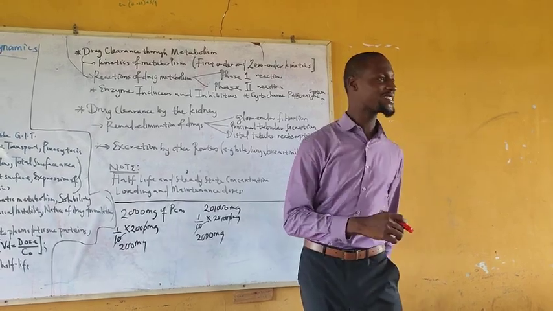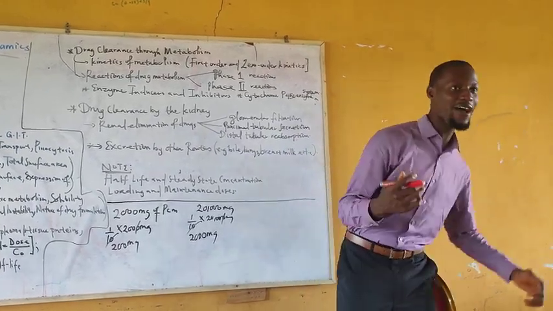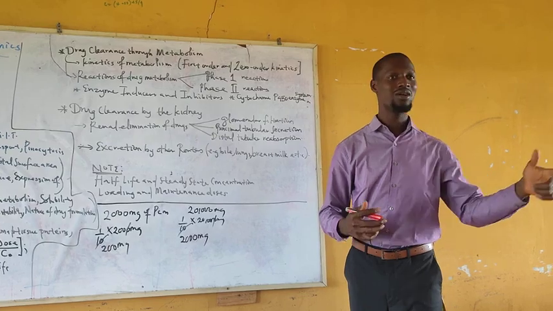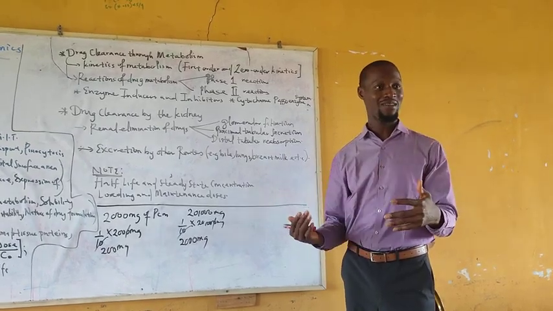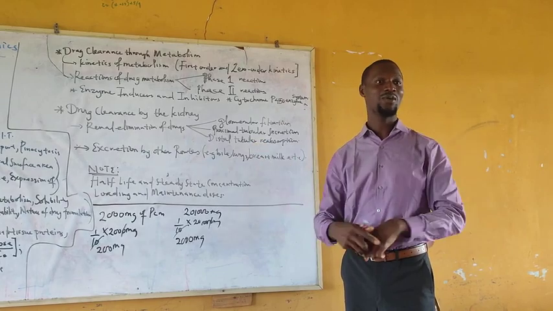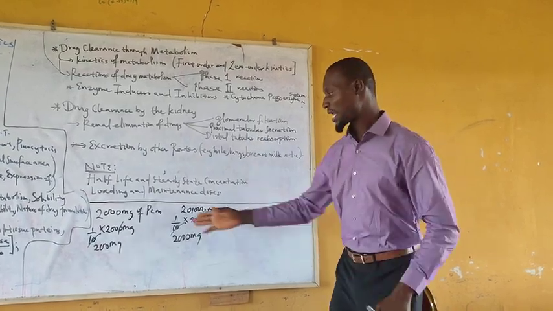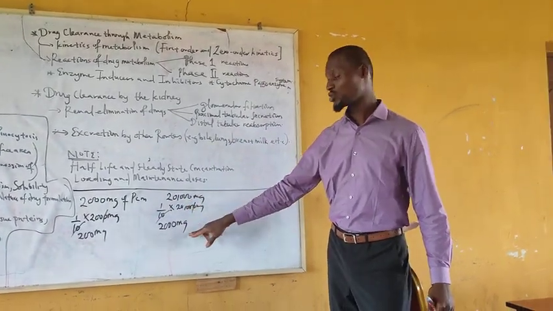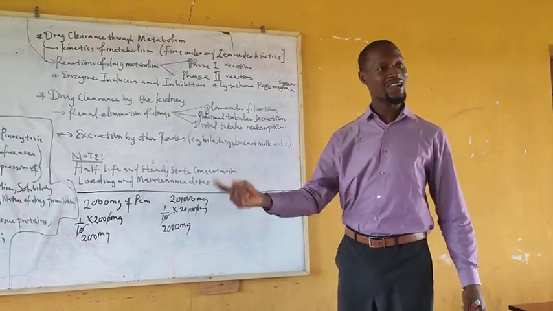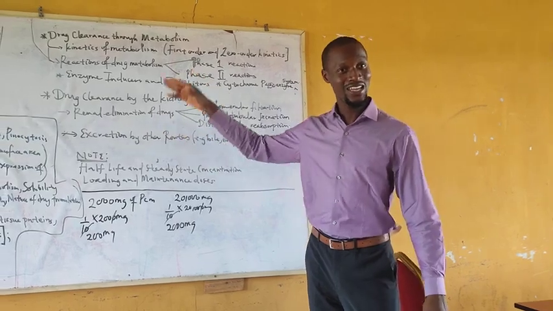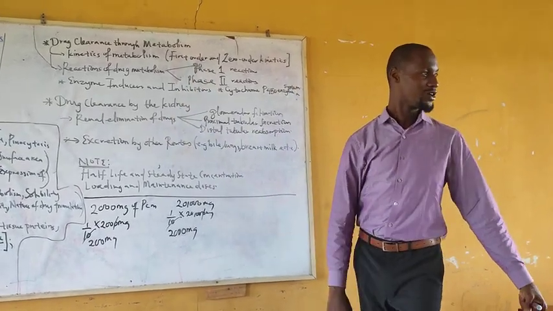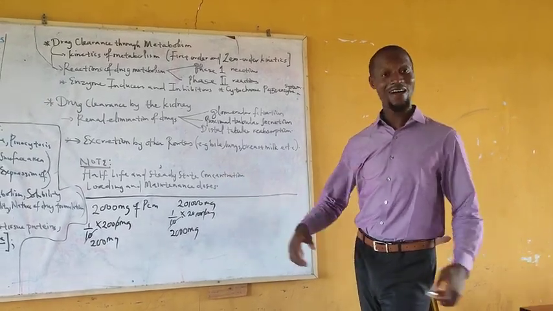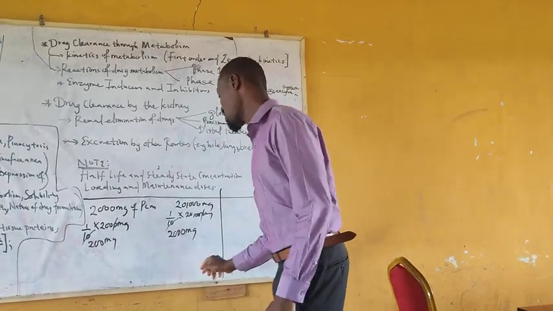So in first order kinetics, irrespective of the quantity of drug you took, it still takes around the same time for all of that drug to be metabolized. 10% of 2,000 is 200 milligrams. 10% of 20,000 is what? 2,000 milligrams. So in 10 cycles, you will metabolize completely all of that drug. Do you get it now? This is how first order kinetics works.